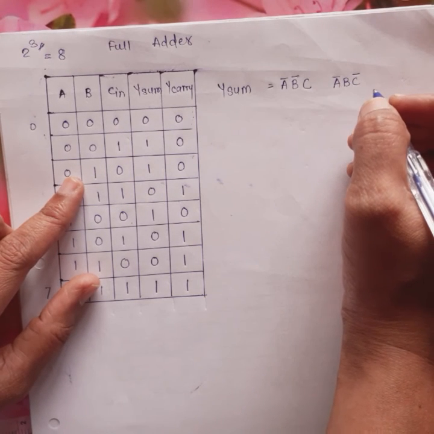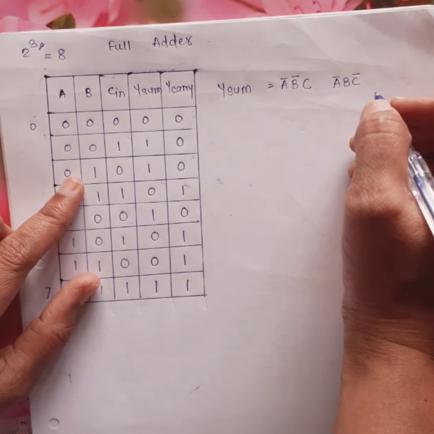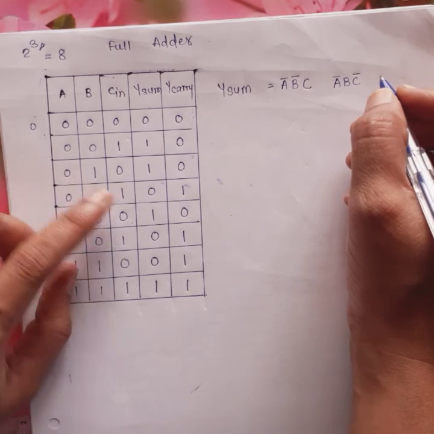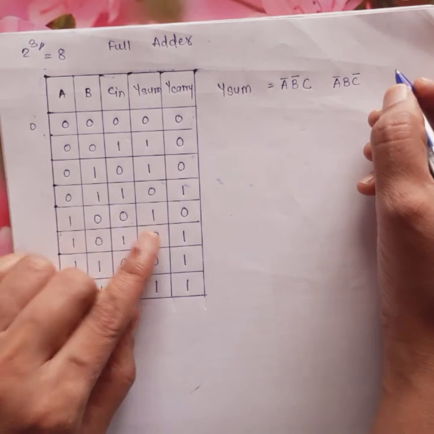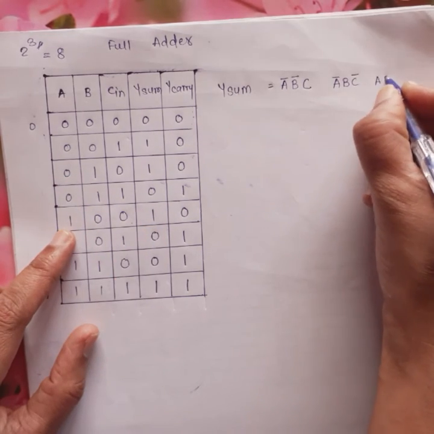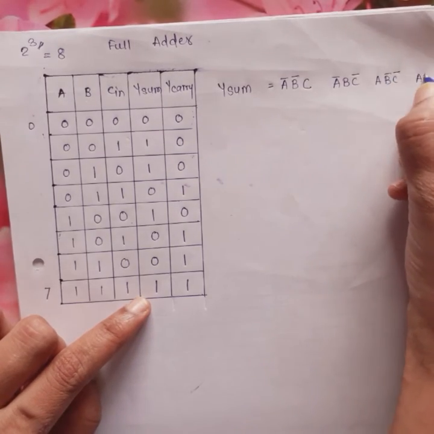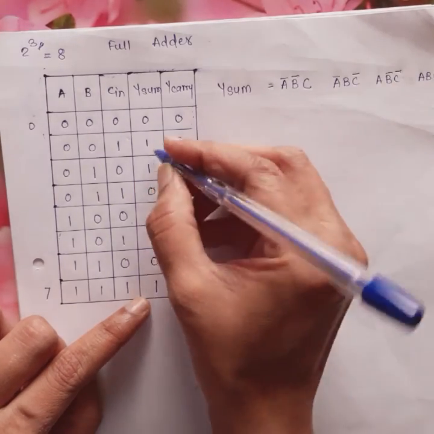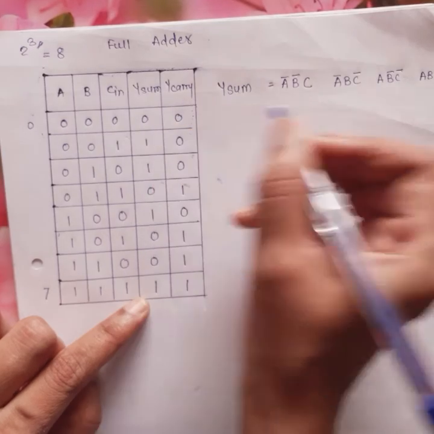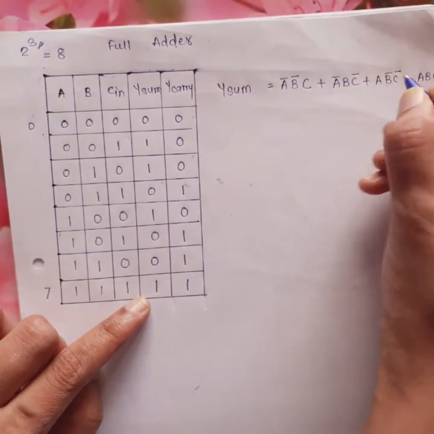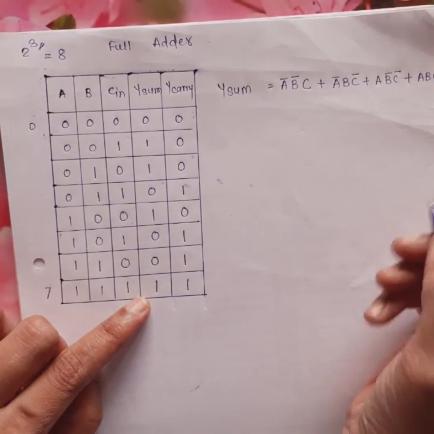Remember, in case of a minterm, the complemented form is taken as 0, the uncomplemented form as 1. Next, 1, 0, 0: A, B bar, C bar. And the last one is A, B, C. In each of these combinations, the generated sum is 1. So all these combinations are ORed with the OR operator.